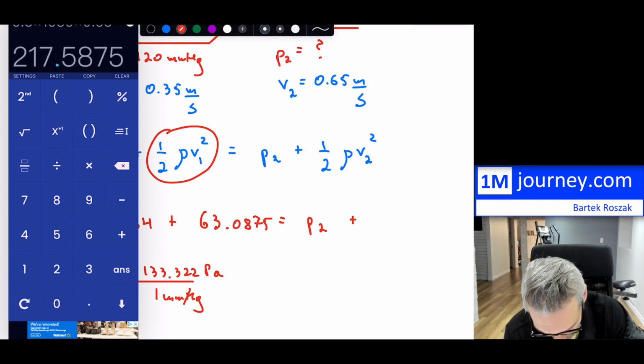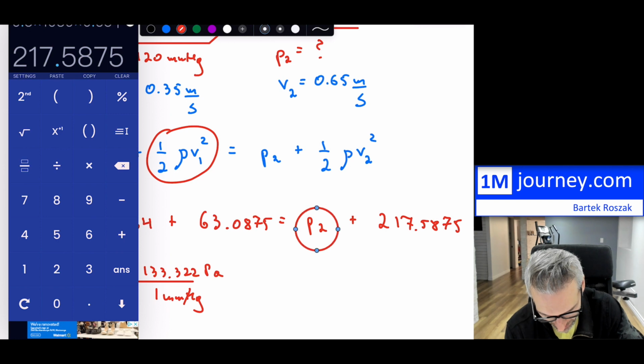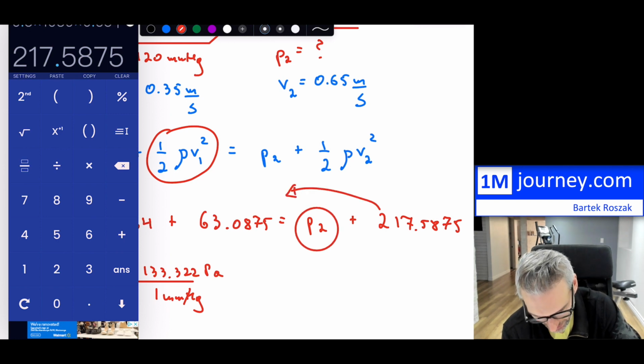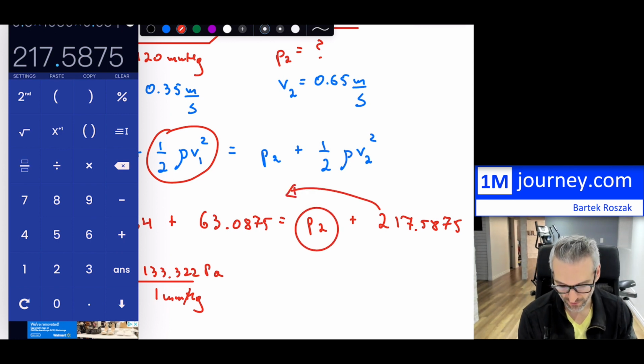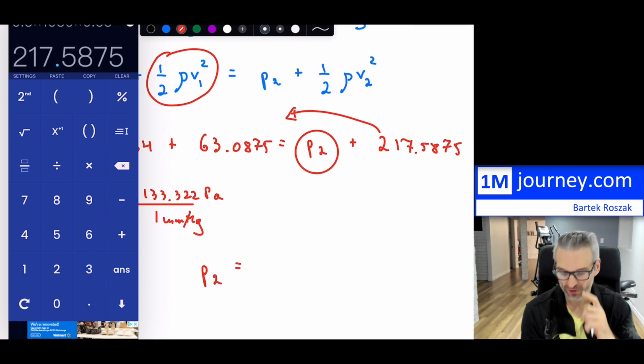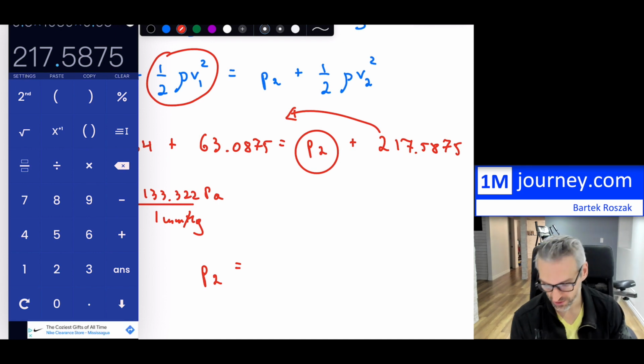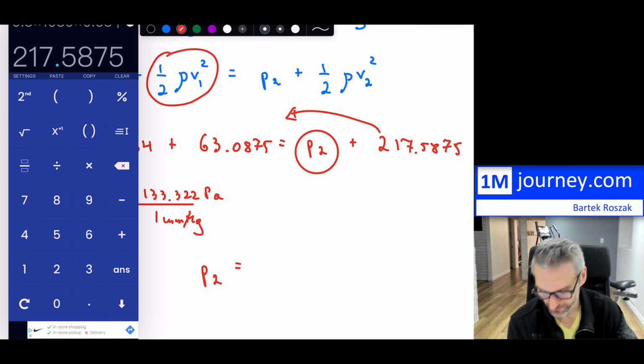That's also tiny. So it's 217.5875. Now I can solve for P2. We can bring this whole thing over to the other side and solve for P2. Let me do that quickly on the calculator. I'll take those two numbers and subtract this one, and we'll see what we get.